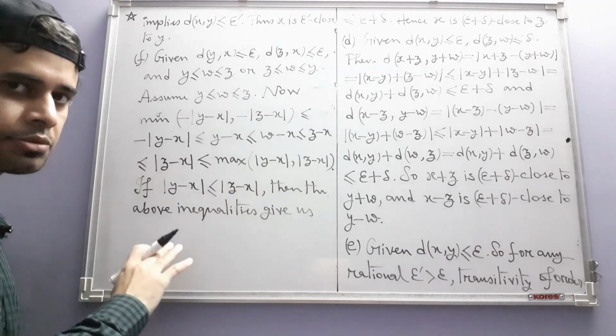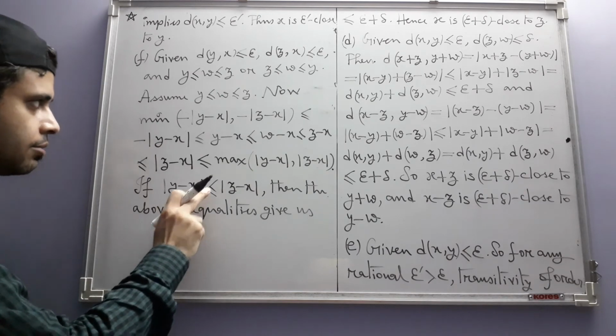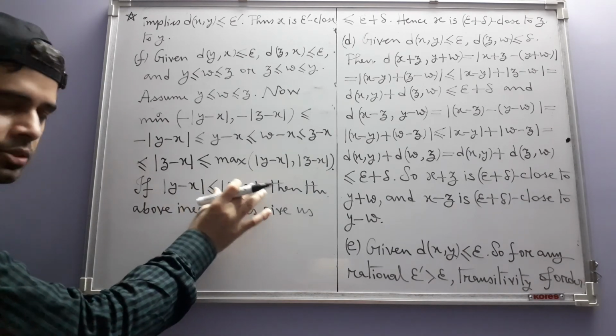Inequality gets reversed when we multiply by minus 1. So minus of this is the greater one. So the minimum will be minus of this.